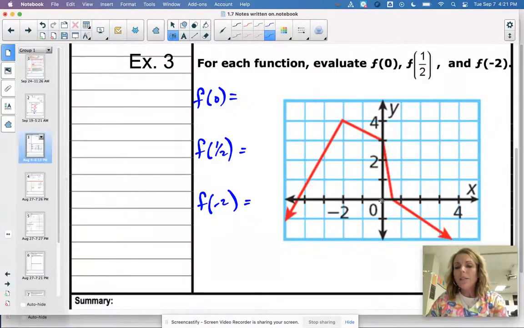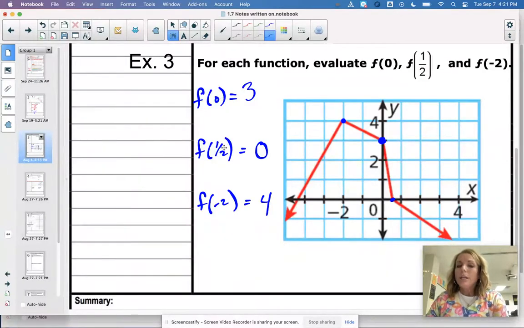When x is equal to 0 on the x-axis, I'm going to go up until I hit the function, and the y value right there is 3. When x is 1/2, the y value is 0. When x is -2, the y value is 4.